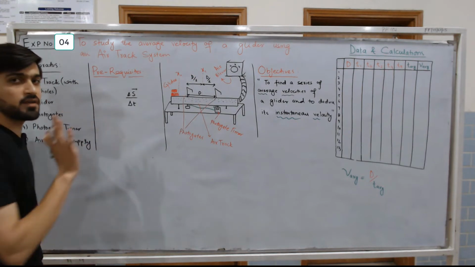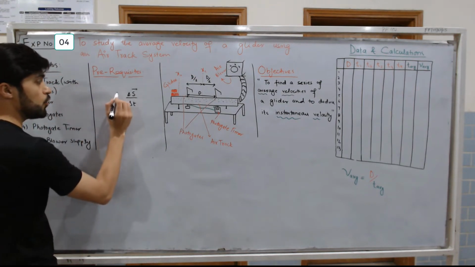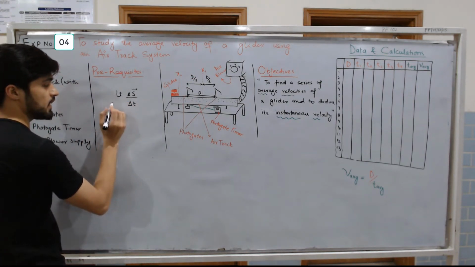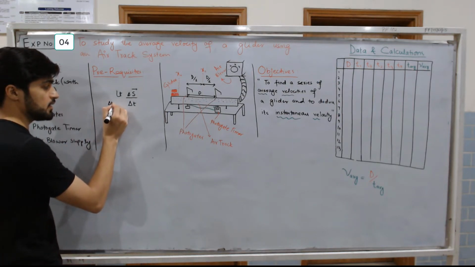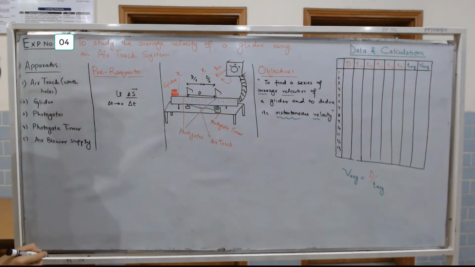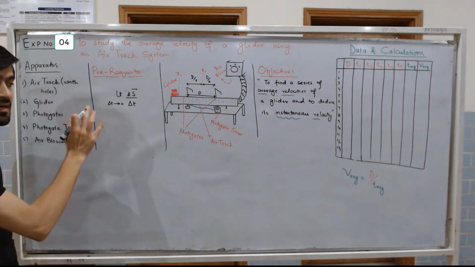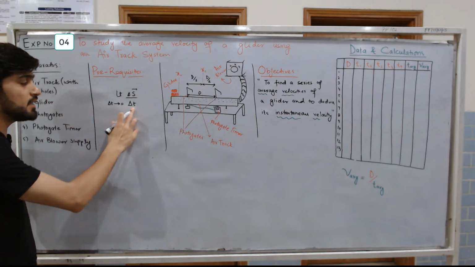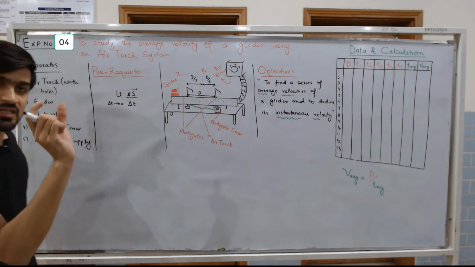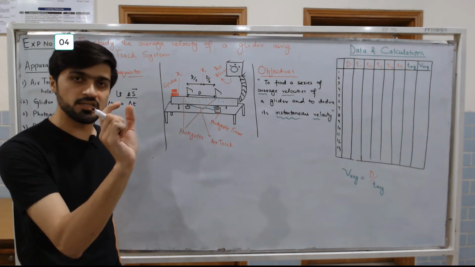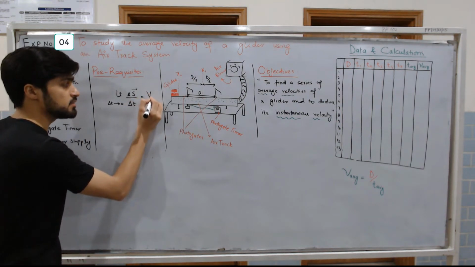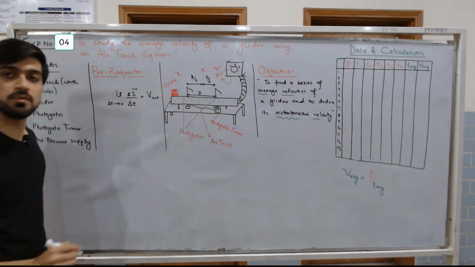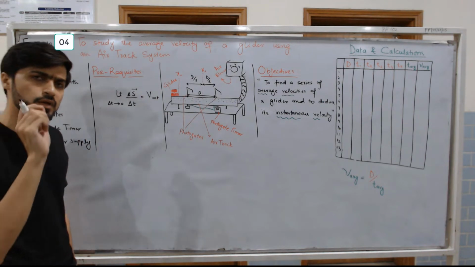Now if I apply a limit that delta t tends to 0, so that delta t is very small and the displacement covered by the object is also very small, then this represents the instantaneous velocity at a very short interval.